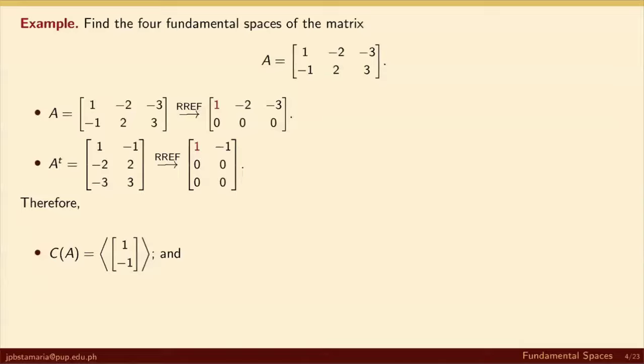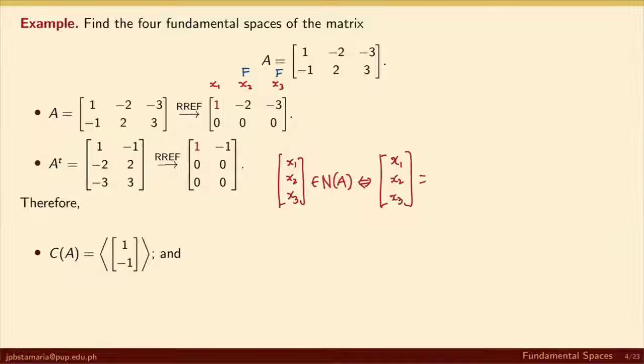On the other hand, to get the null space of A, we solve Ax equals 0, or the homogeneous linear system Ax equals 0. But upon solving, if we take the variables x1, x2, and x3, we see that the variables x2 and x3 are both free. So if this vector is found in the null space of A, then looking at the first row, let's write x1, x2, x3 first.